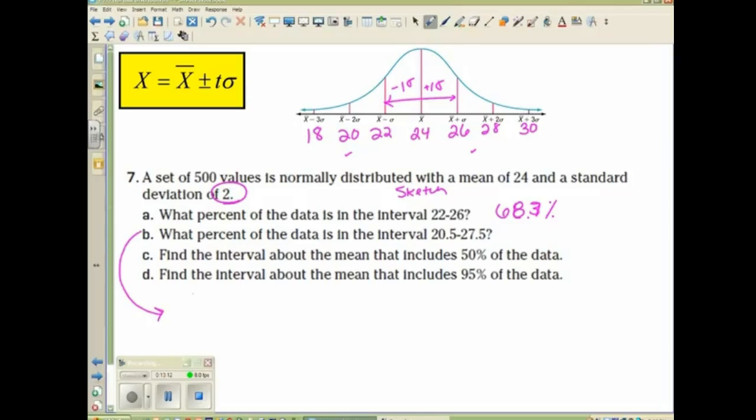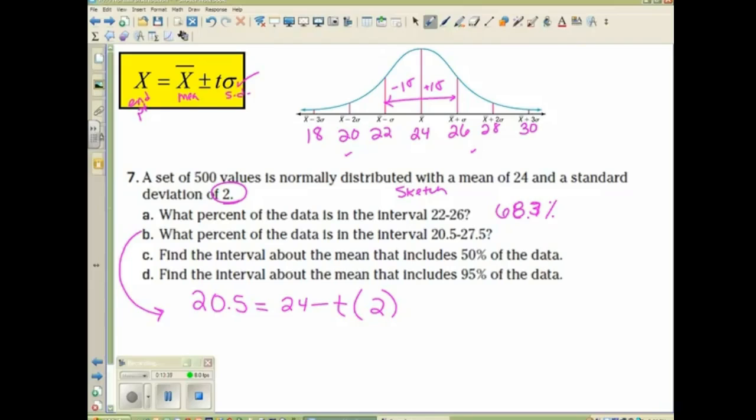All right, so my endpoint is 20.5, and that's going to be equal to a mean of 24, subtract off a t-value times the standard deviation of 2, all fitting into that particular formula: endpoint of the interval, the mean of the interval, and the standard deviation.